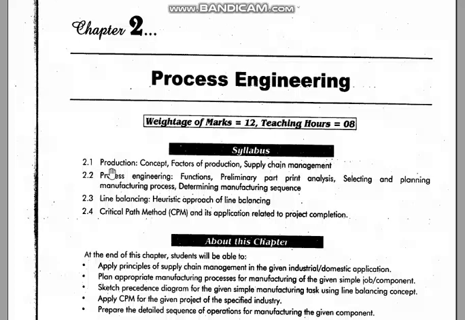Now in this chapter, what part of syllabus we are covering is production, the concept of production, factors of production, and supply chain management. The second topic is process engineering, the functions of process engineering, preliminary part print analysis, selecting and planning manufacturing process, determining manufacturing sequence.